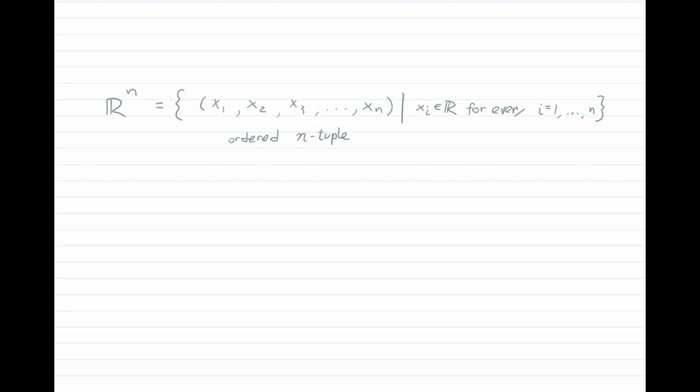Okay, and that's Rn. And so what we just created is R cross R cross R cross dot dot dot cross R.